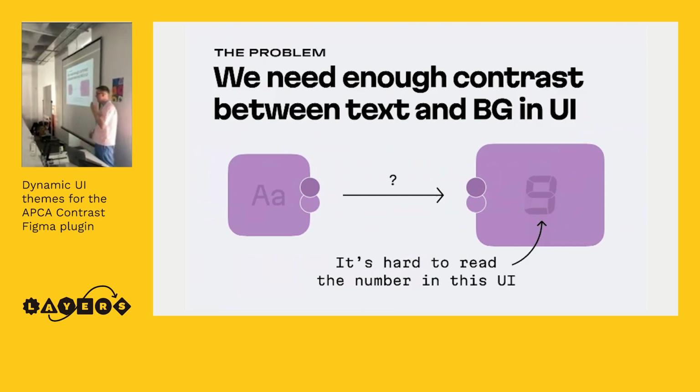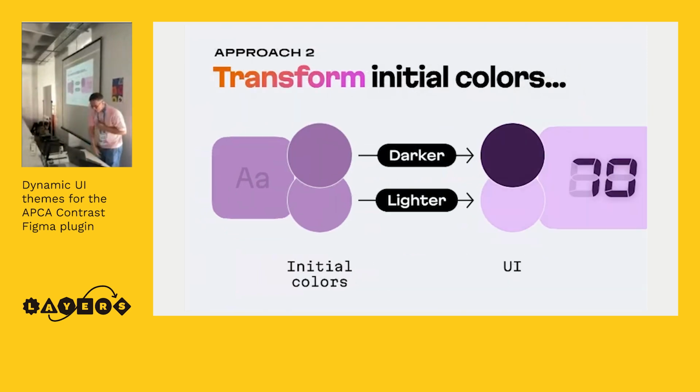And again, I want to ask you, take a moment to think, how do you solve this problem? Take your time. And again, I suggest approach number 2. Let's transform the initial colors. Let's take the darkest color within the pair and make it darker. And let's take the lightest color and make it lighter.